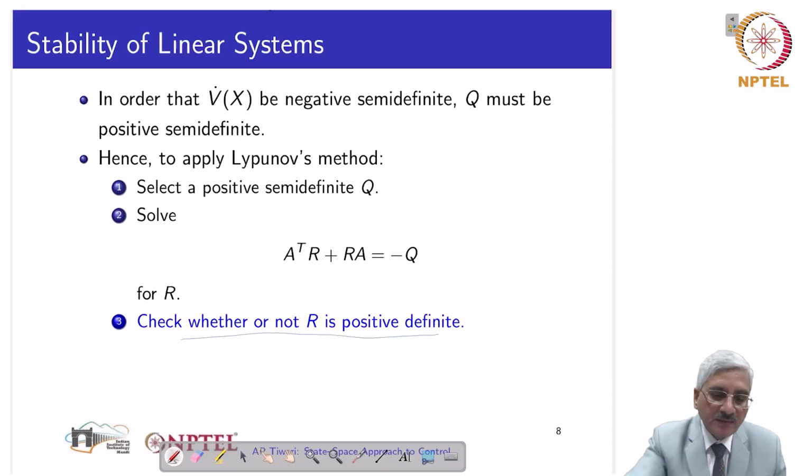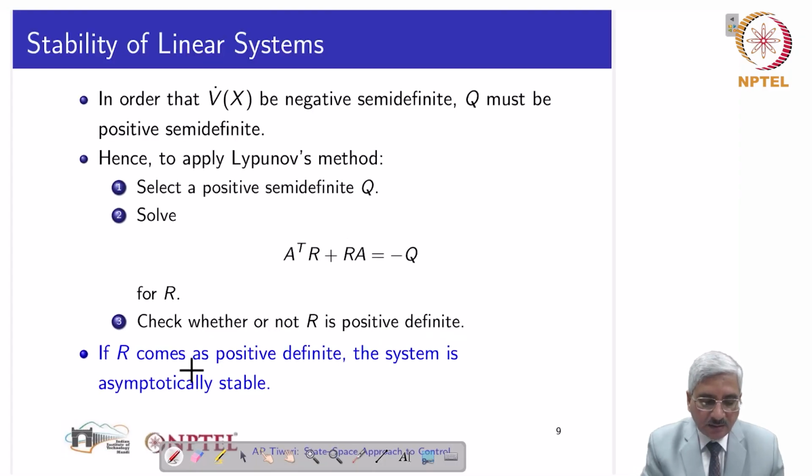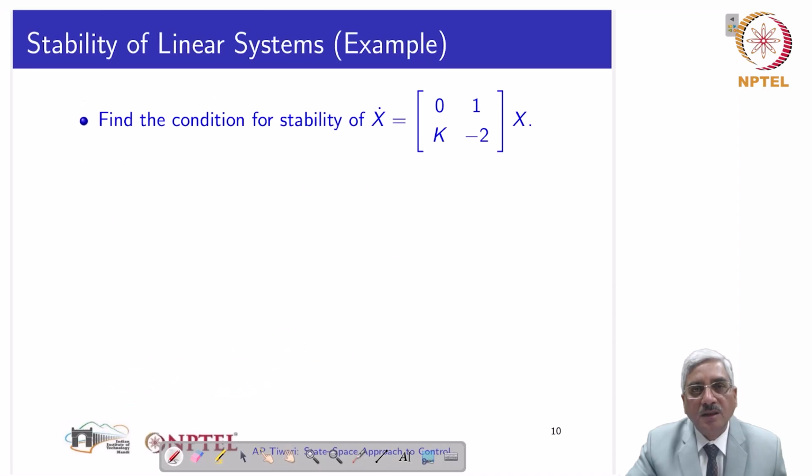If R is positive definite, then the system will be asymptotically stable, and if not, then it may be unstable.